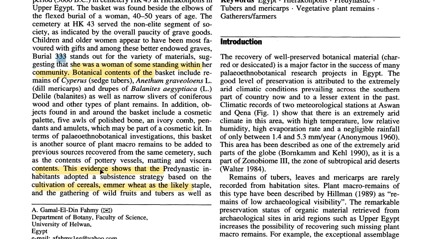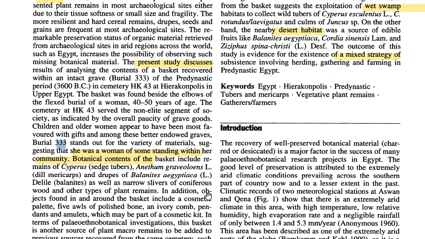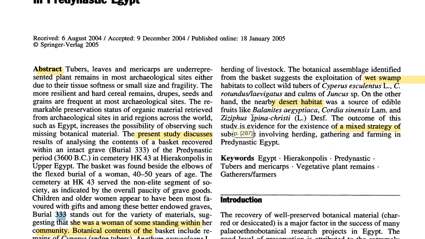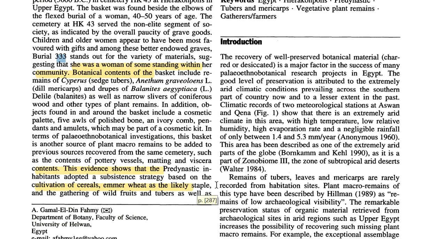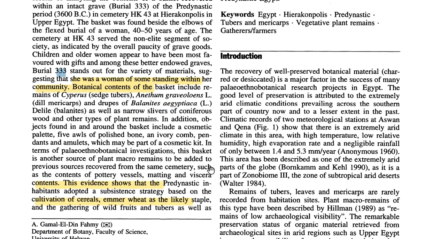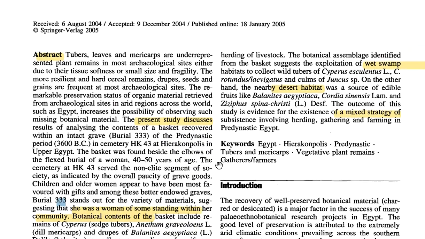This evidence shows that the pre-dynastic inhabitants adopted a subsistence strategy based on cultivating cereals, emmer wheat, the gathering of wild fruits and tubers, as well as herding livestock. So the article is really about the diet of these people based on what was found in this basket.